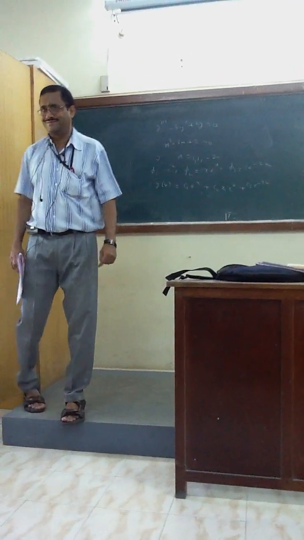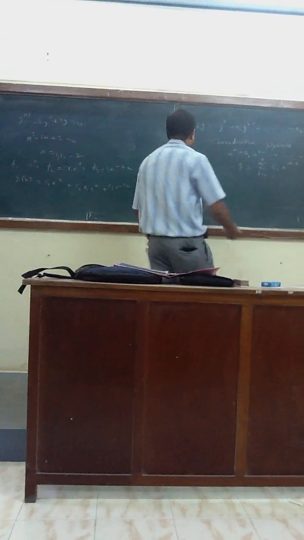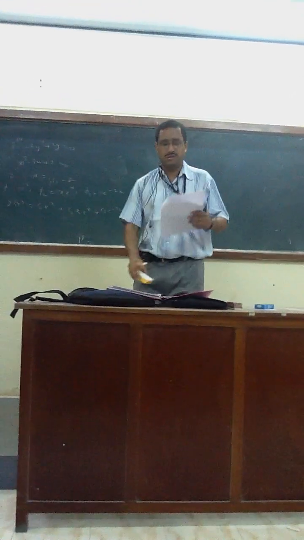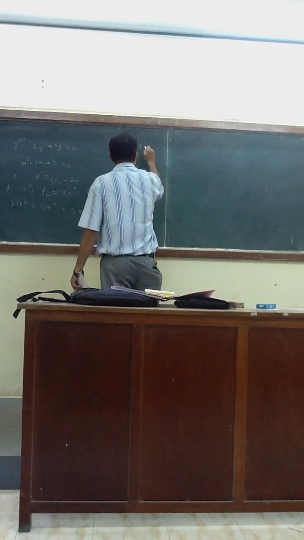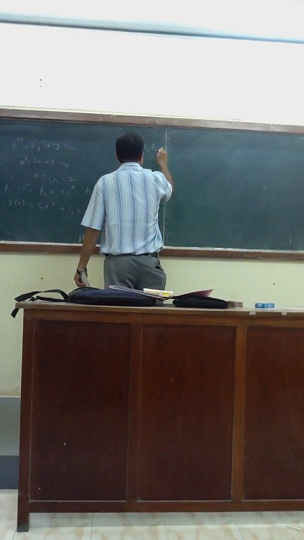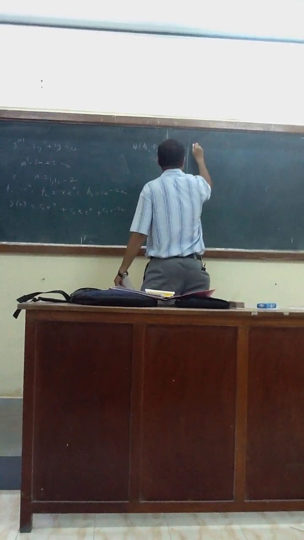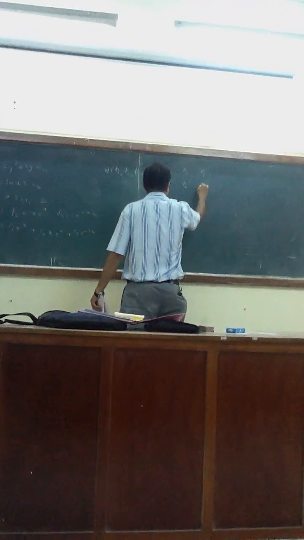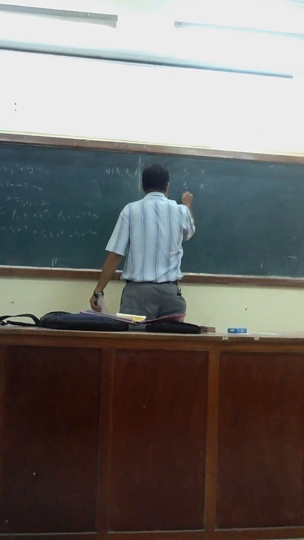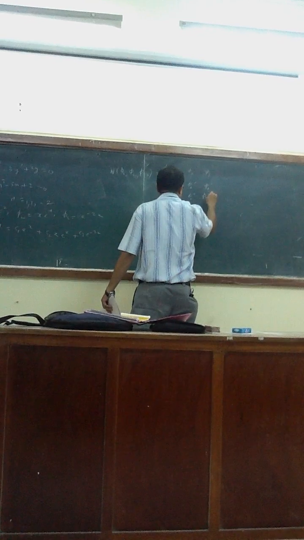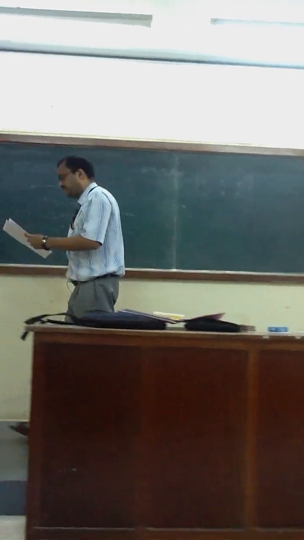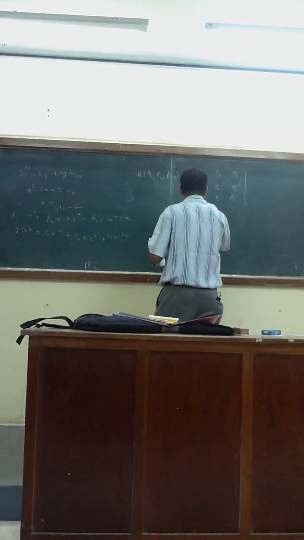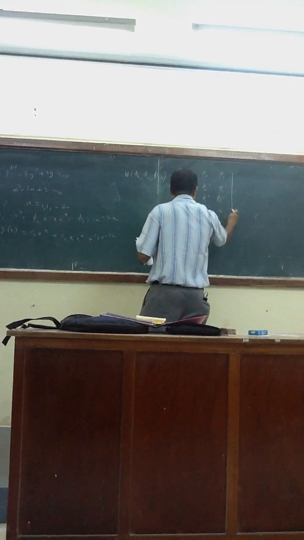So we are waiting for the Wronskian. Let's look at the Wronskian and see whether it is non-zero. If the Wronskian is non-zero, they form the solution basis. So the proof: the determinant with rows phi 1, phi 2, phi 3; phi 1 prime, phi 2 prime, phi 3 prime; phi 1 double prime, phi 2 double prime, phi 3 double prime. What is that? e to the power x, x e to the power x, e to the power minus 2x.